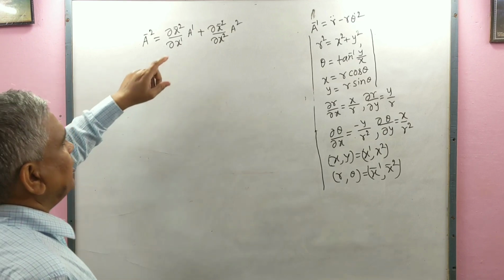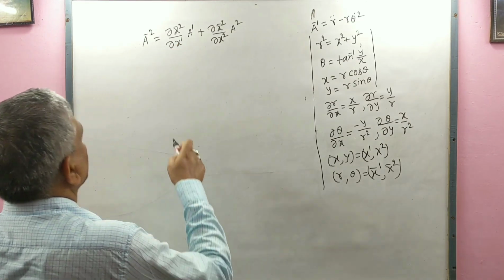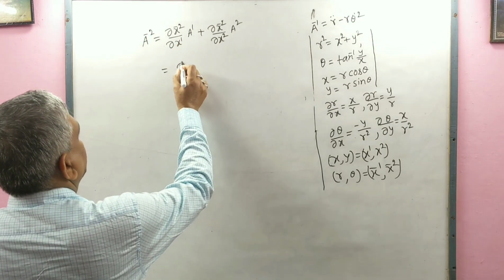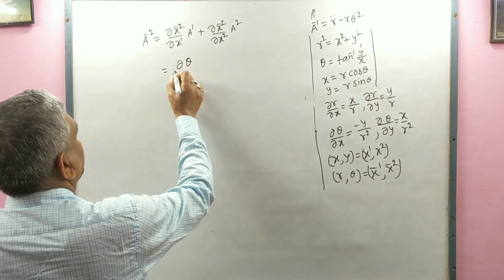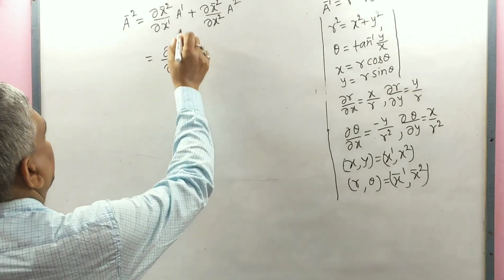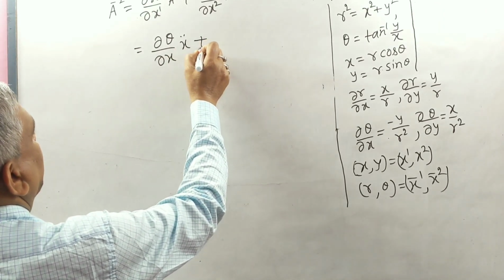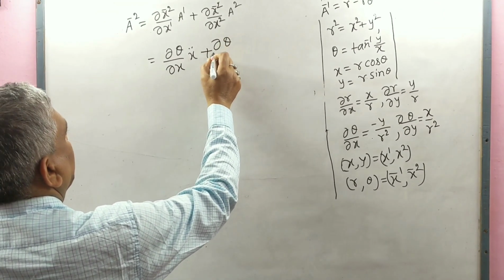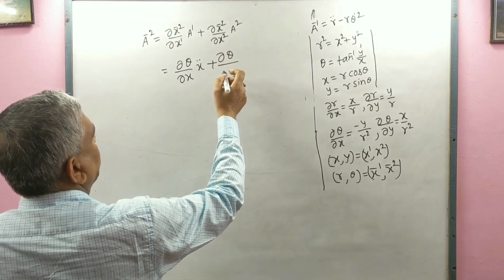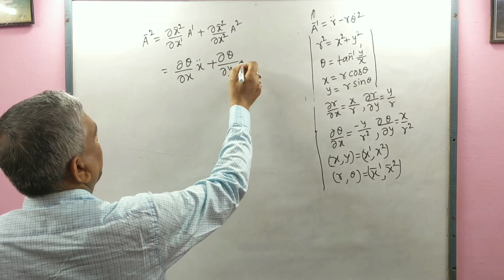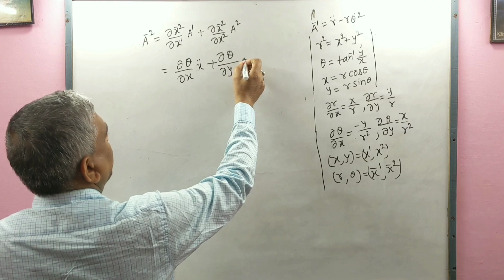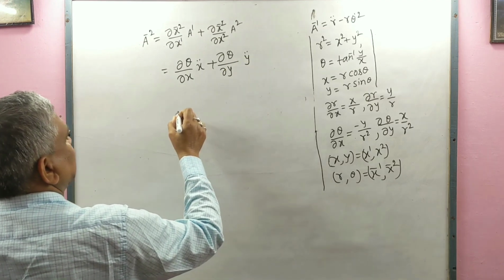X bar 2 is theta. So del theta by del x1, x1 is x, a1 is x double dot, x2 is y, and a2 is y double dot.